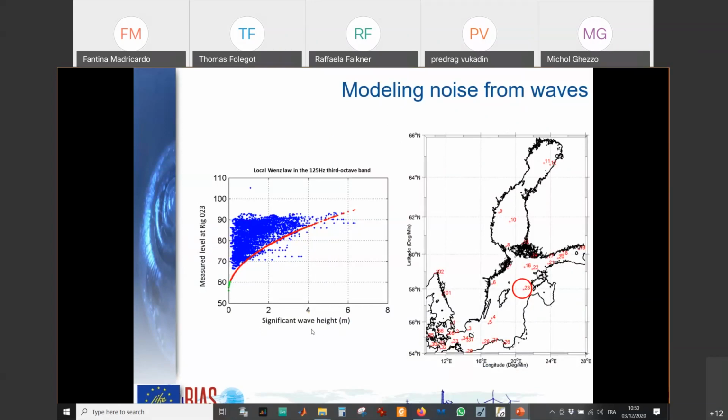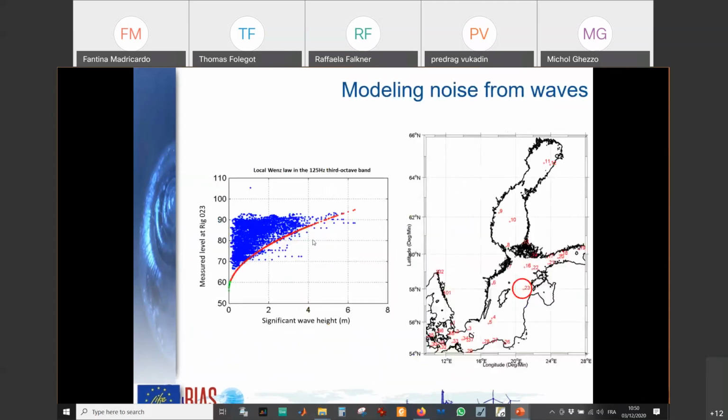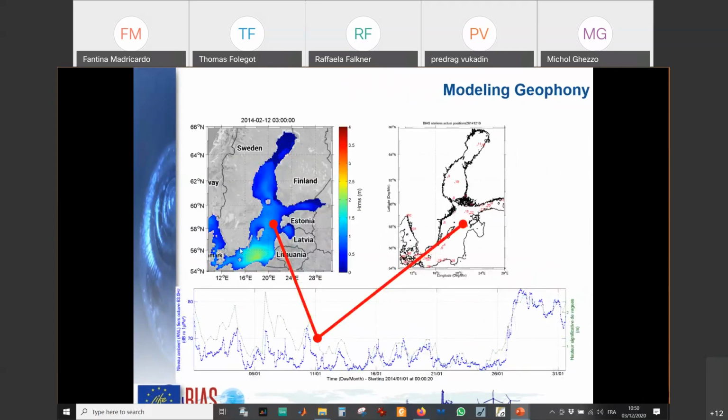So now we know that at this location, if we have 4 meters of waves, it will generate 88 decibels at 125 hertz. Then, since we know the wind for all positions, we are able to convert this dataset into decibels and to add this to the anthropogenic noise.